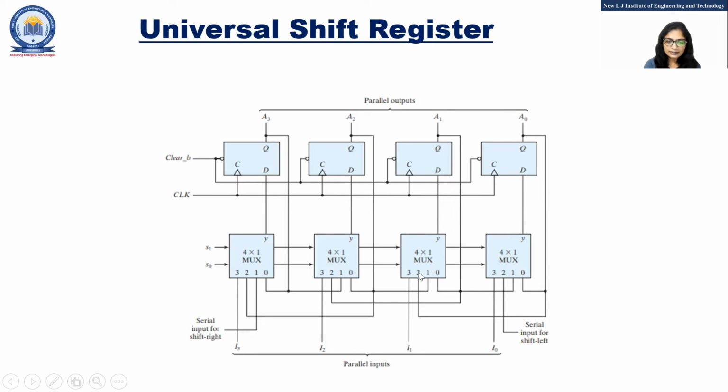As I am applying 1, 0, this input line will be selected and this data will pass to this output line. This is given to this flip-flop D input, then the output will be given to the third line of the next mux. So data is shifting left side.